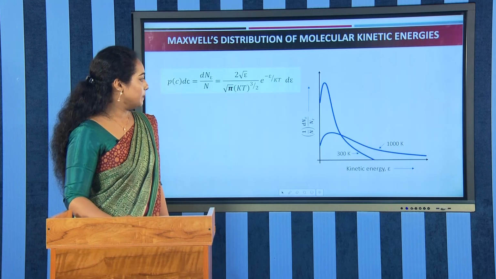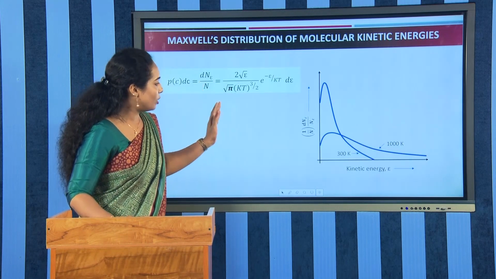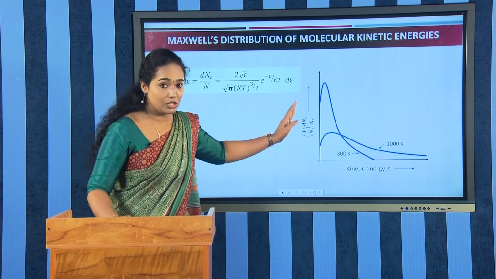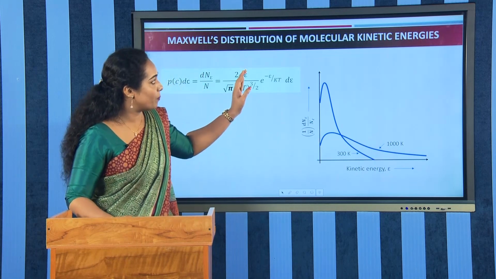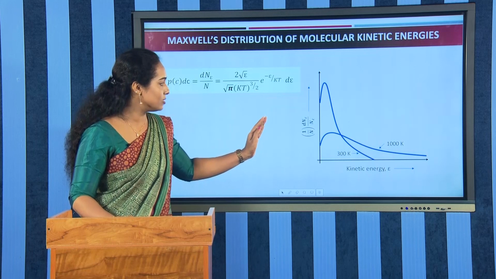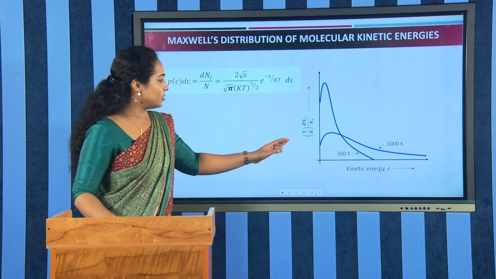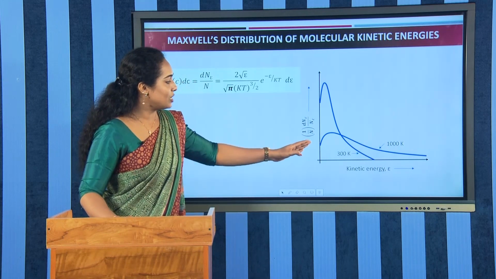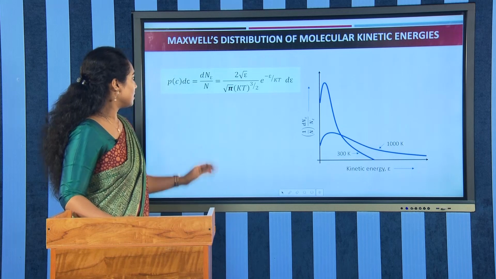Now, we can look at how the Maxwell distribution of molecular kinetic energies varies with different temperatures. You can see here that as the temperature increases, the spectrum becomes broader.